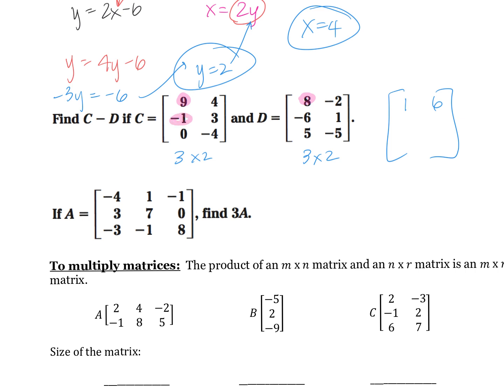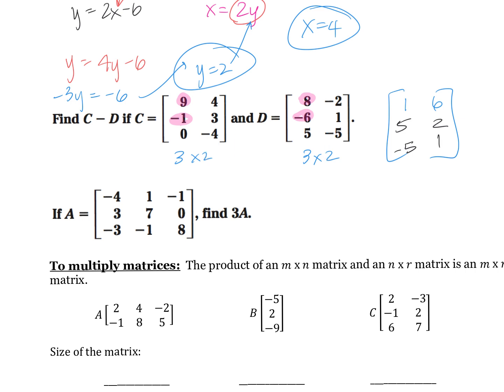You ready? -1 minus -6, which is the same as -1 plus 6. -1 minus -6 would get me -1 plus 6. 5. Okay, Parker, keep it up. Ready? 3 minus 1. 2. Okay. 0 minus 5. -5. Yeah, last one. 1. Nice, because he said -4 minus -5 would be -4 plus 5, which is 1.